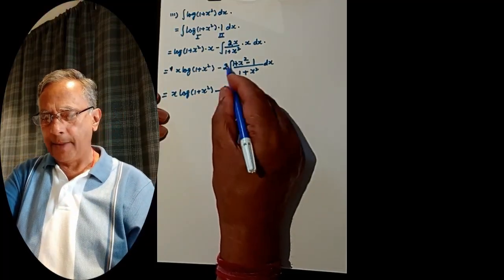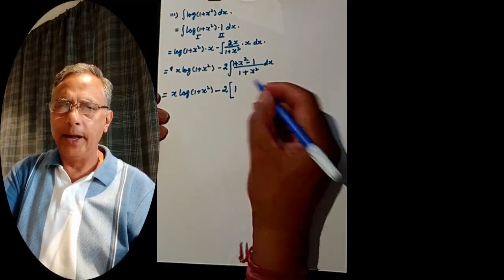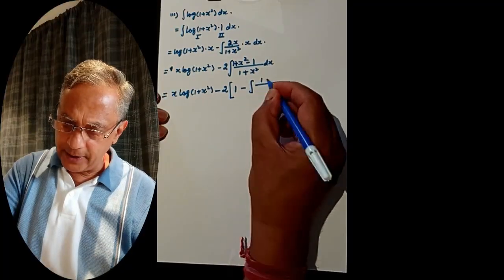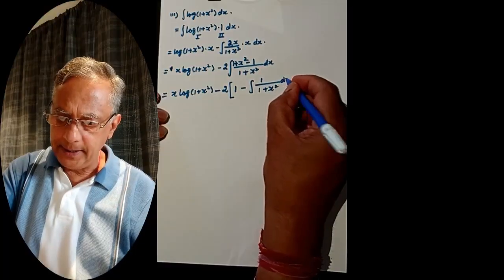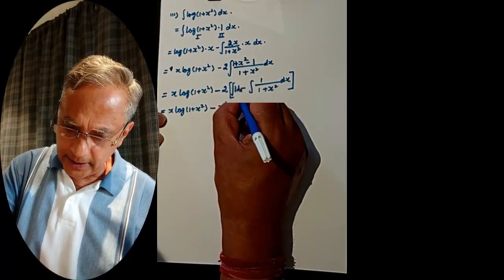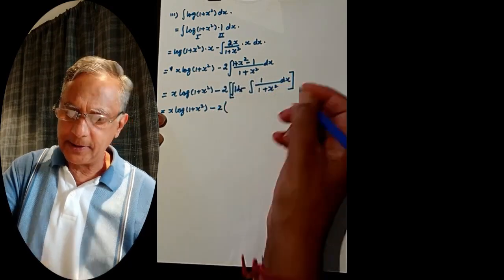Now separate this. 1 plus x square over 1 plus x square will be 1 minus integral of 1 over 1 plus x square dx. Here it should be integral of 1 dx.